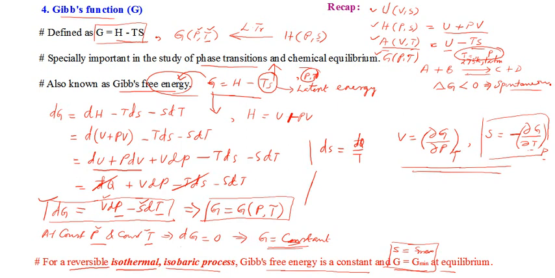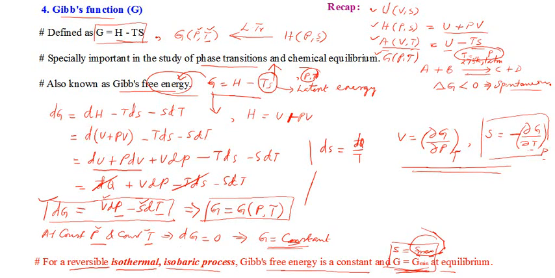We can see that this equation says that the entropy is related to the Gibbs free energy, is it not? Entropy can be expressed as the derivative of Gibbs free energy, which means they are related. Whenever there is a change in Gibbs free energy with the temperature, there will be a corresponding change in entropy also. And we have concluded from our discussion that G will be equal to G minimum at equilibrium, and we have seen that when G attains its minimum value, S will be attaining its maximum value.